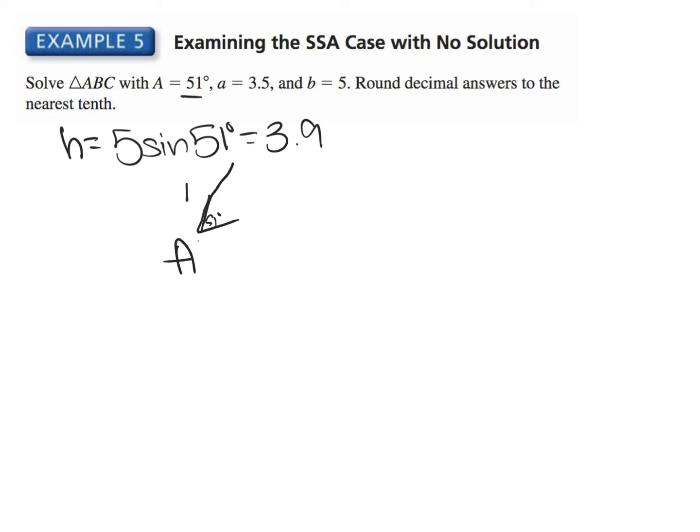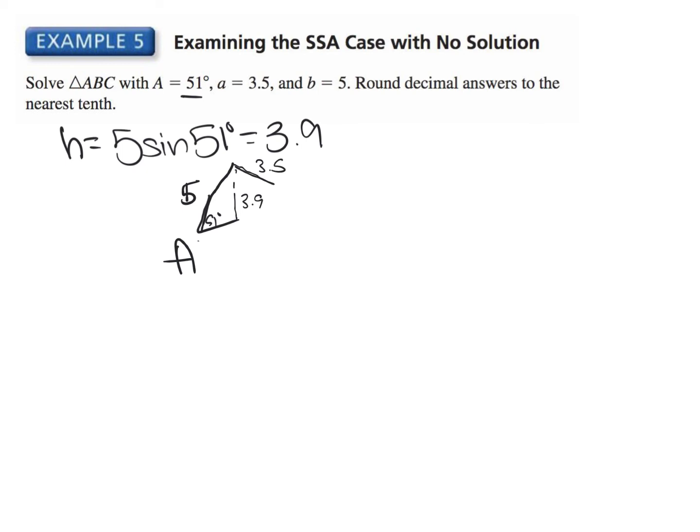We'll call that 5 right there. And then our height down is 3.9. But our A is only 3.5. So that's not going to work.